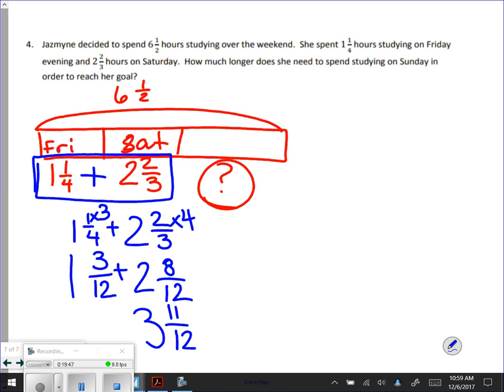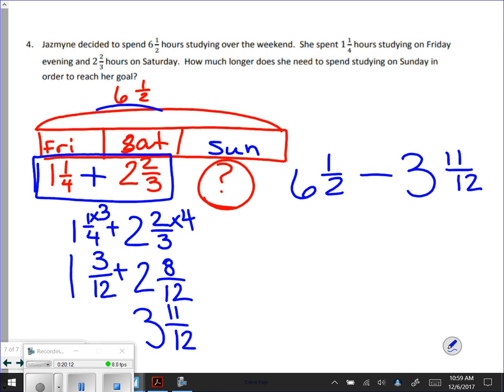But you're not done. They want to know how many hours she should study on Sunday to reach her goal of 6½ hours. So you would have to do her goal of 6.5 hours minus the 3 and 11/12 hours that she already did.